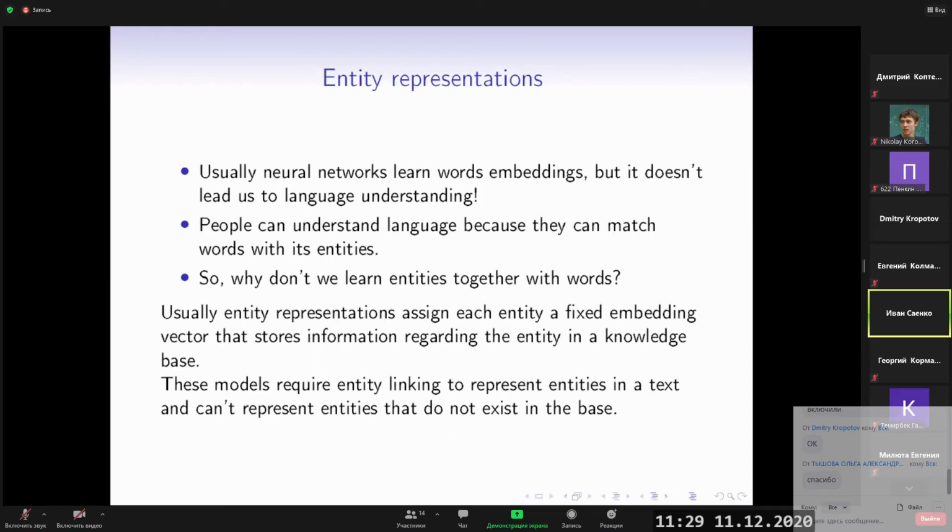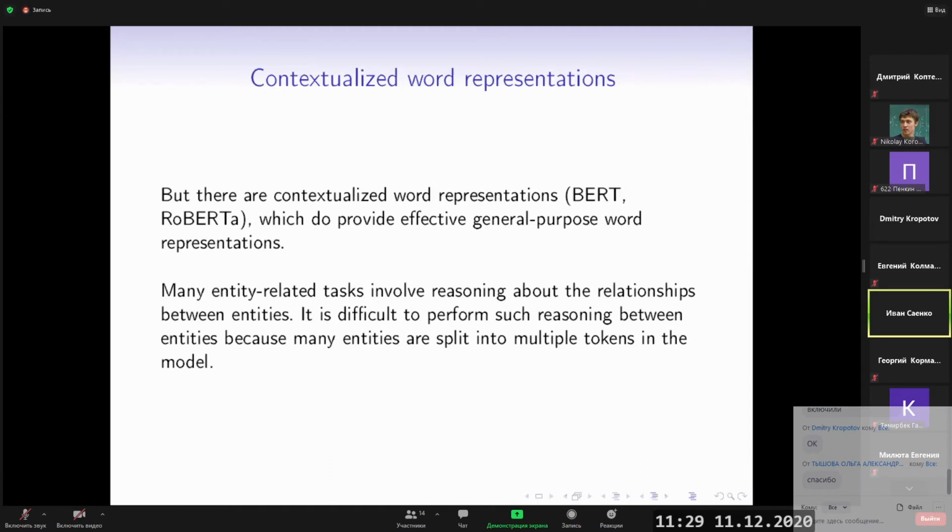And of course, we can't use entities that don't exist in the base, and we need to somehow link entities to the words in the text. Of course, there are some contextualized word representations, BERT and all other networks after that.